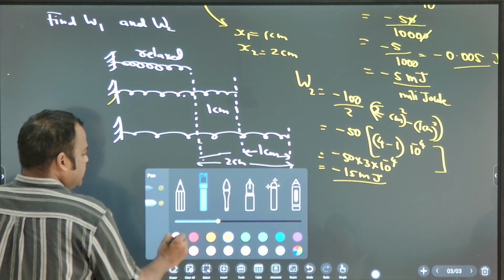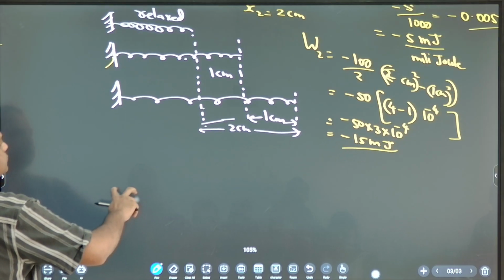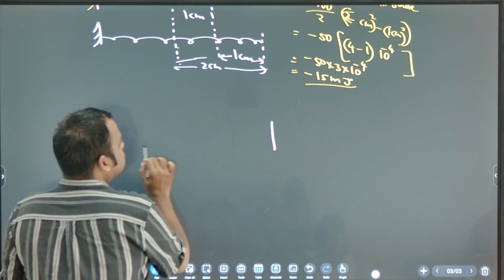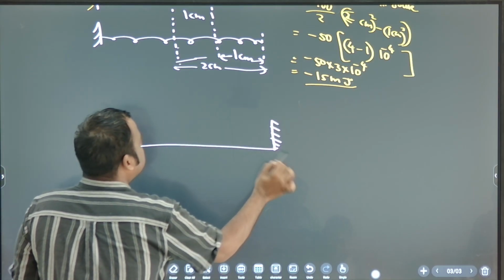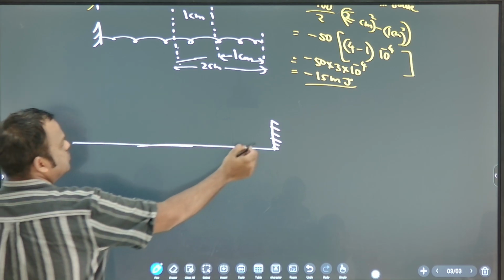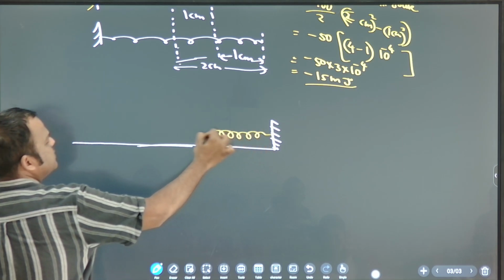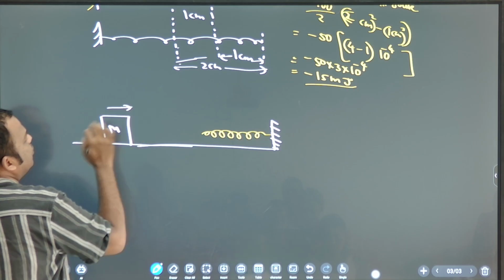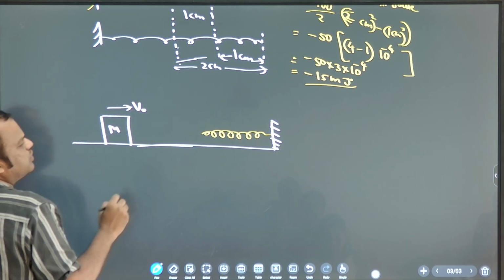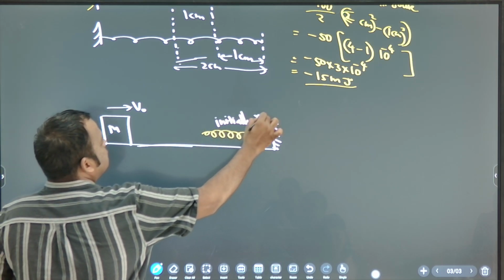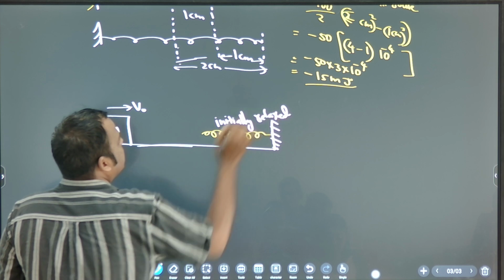Now yesterday we discussed one more question. This is the basic question. Here a spring is there, initially relaxed, and a block is coming from the right side with velocity v naught. Spring is initially relaxed, correct?